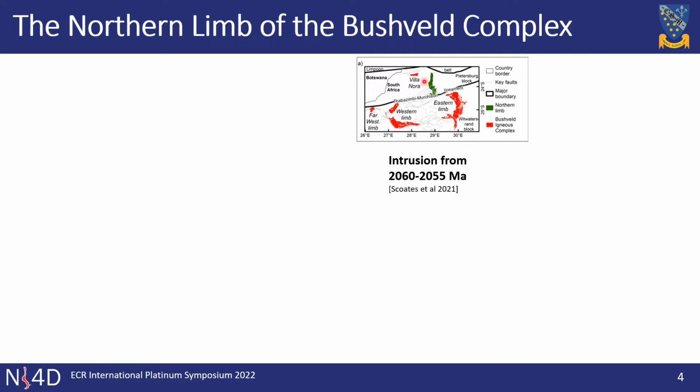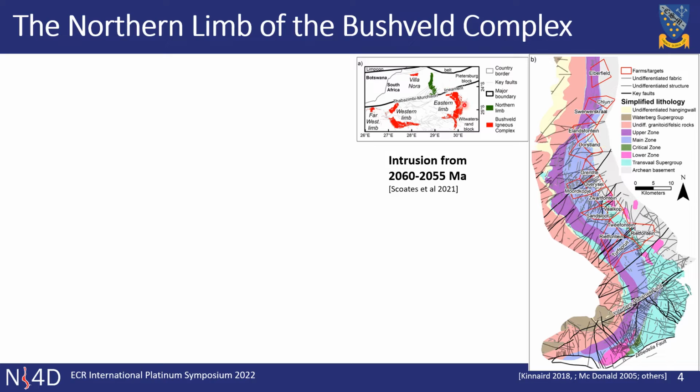And the northern limb is particularly important because it has a very important structural component associated with it. As you can see on this map, there are several main structural corridors that dissect the magmatic stratigraphy that has been regionally divided for studies and for exploration purposes across different farms. Farms meaning geographical regions. Okay.